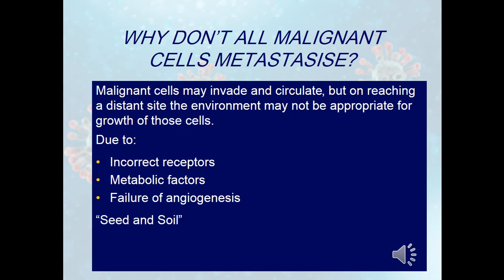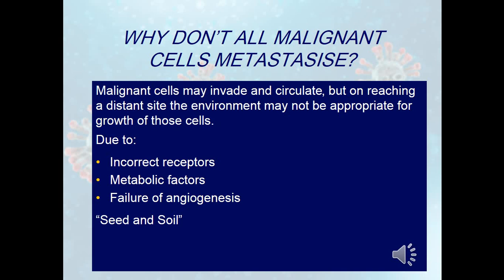The organ should have an appropriate environment, including, for example, the absence of protease inhibitors and the presence of appropriate growth factors to enable the malignant cells to survive in an organ distant from the primary site of its origin.